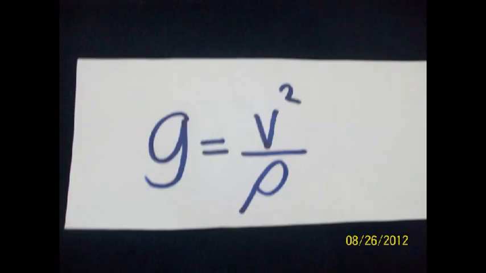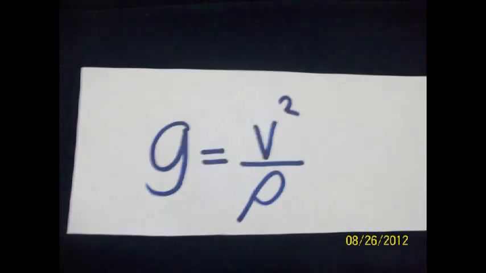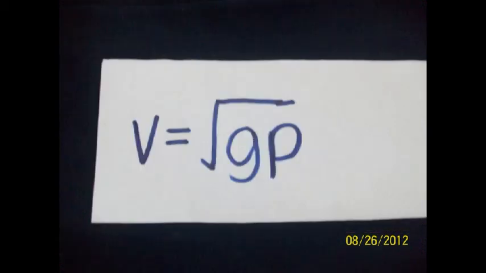So what is left now is g is equal to v squared over rho. Doing a little mathematics, we could get v squared is equal to g times rho. And getting the square root, what is left is v is equal to the square root of g times rho.